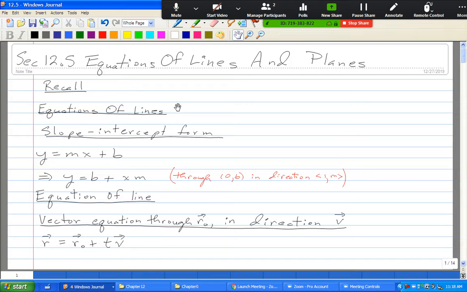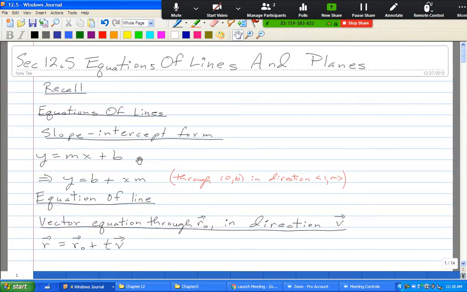So first, the slope-intercept form for the equation of a line, y equals mx plus b. I can write this in a different order. So let's write this as y equaling b plus xm.